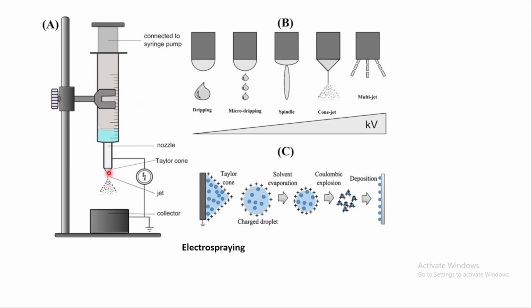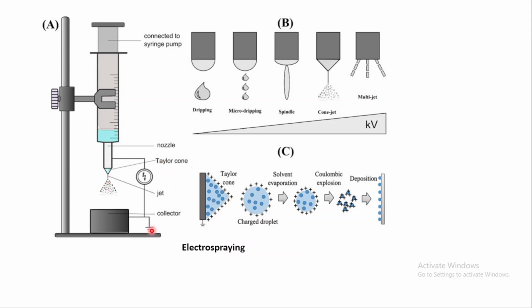Through high pressure, this fluid containing all the nanomaterial starting synthesis elements will pass through the nozzle and go inside the Taylor cone, where under high pressure they will form droplets. These droplets will be very small in size, depending on the size of the Taylor cone.